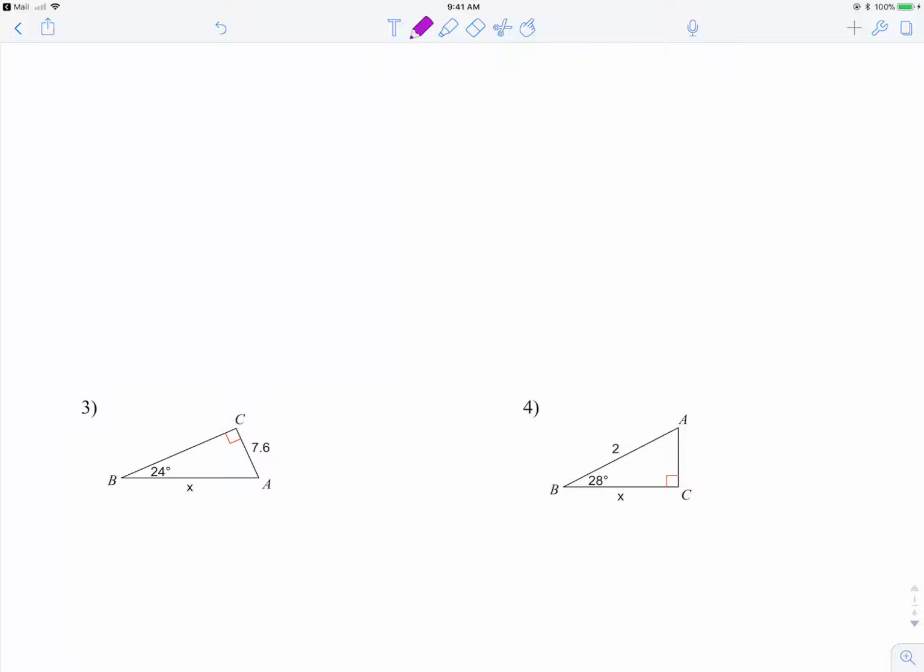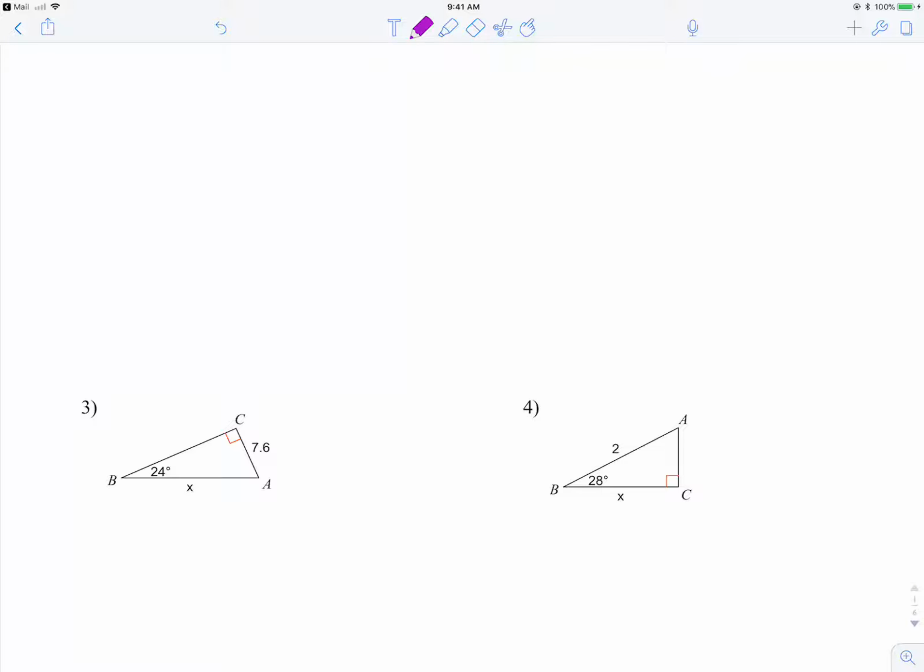Let's maybe look at one more. How about number 4. We are solving for the side that is adjacent to the given angle of 28 degrees, and we are given the hypotenuse. So that tells me I'm going to want to use cosine. Cosine of 28 degrees is equal to adjacent over hypotenuse.